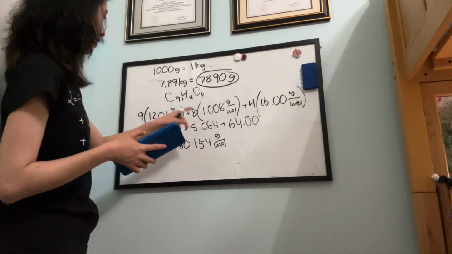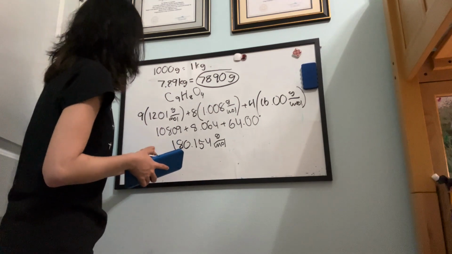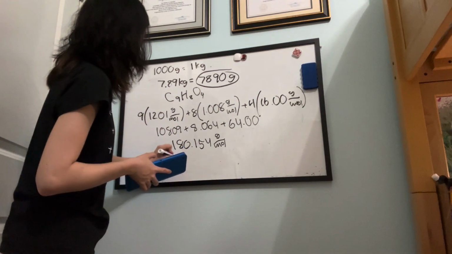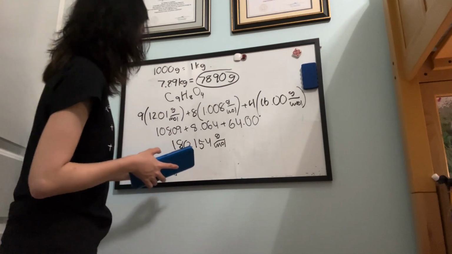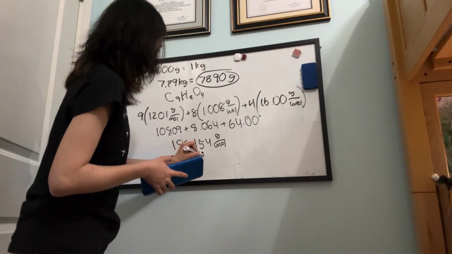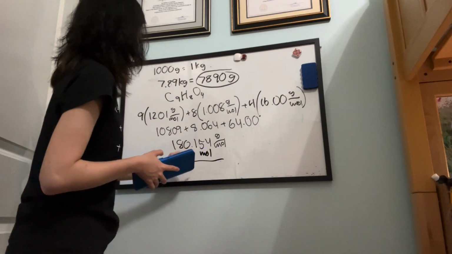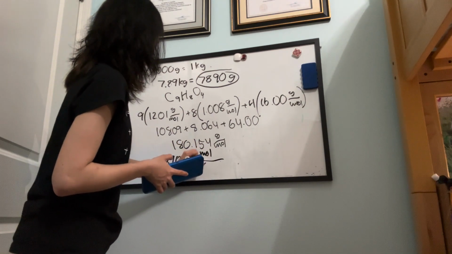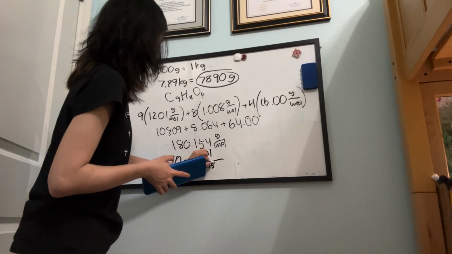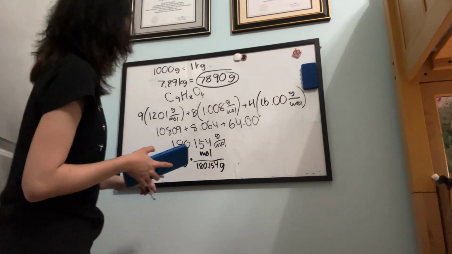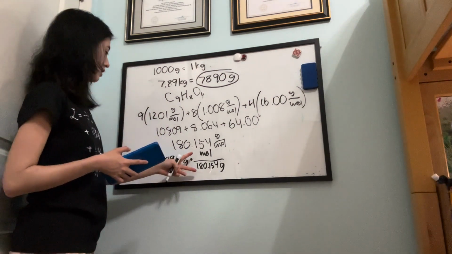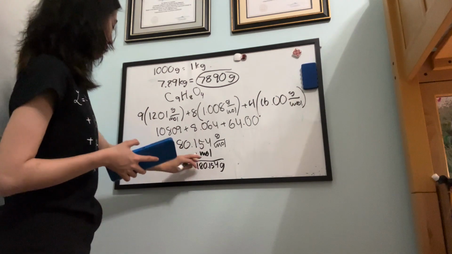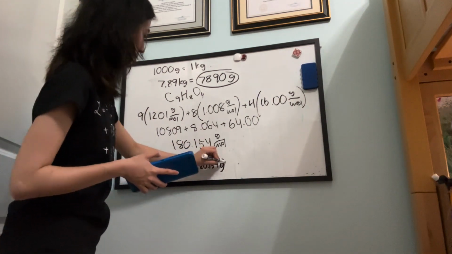So we can cancel out the grams. 7,890 grams times 1 mole per 180.154 grams. This is like the conversion factor, so that we can cancel out the grams.